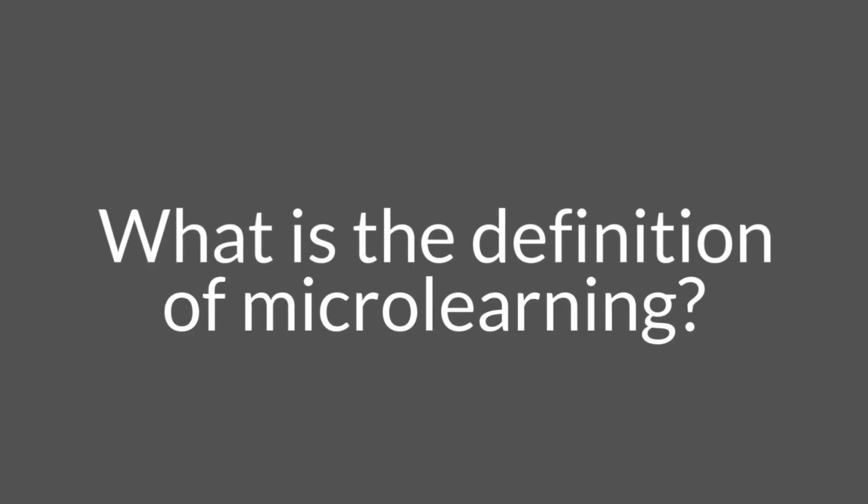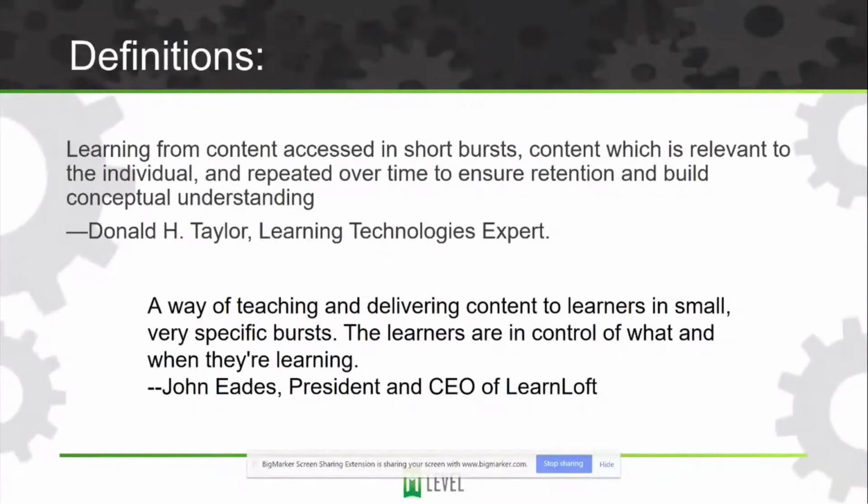Now, there are lots of different definitions of micro-learning, but two that I like are one from Donald Taylor over in the UK. He says that micro-learning is learning from content that's accessed in short bursts. So I think it's really important. It's a short amount of information, maybe less than 5 minutes, and it's relevant to the individual at that point in time. So you want to know something very quickly, you go in, you look at it, and then you can do this over and over again so you can build retention and conceptual understanding.